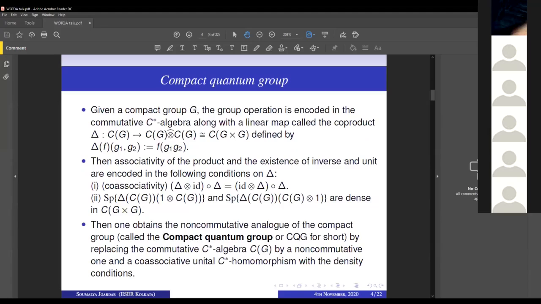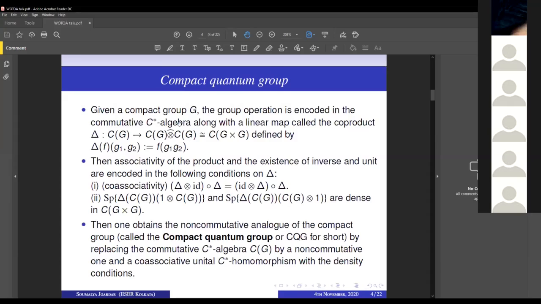Suppose we are given a compact group. Forget about compact quantum groups for a moment. Given a compact group, we can encode the group operation in the commutative C*-algebra C(G) with this coproduct map delta from C(G) to C(G) tensor C(G).